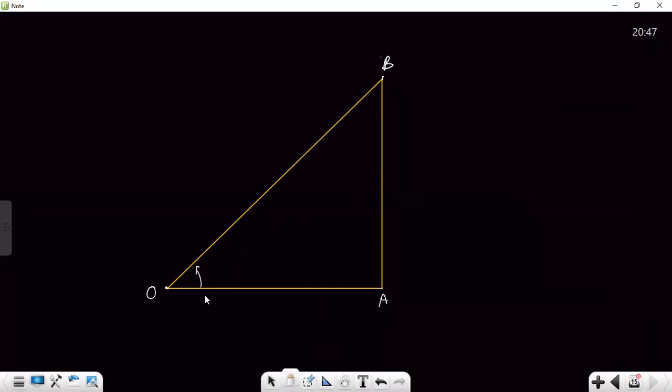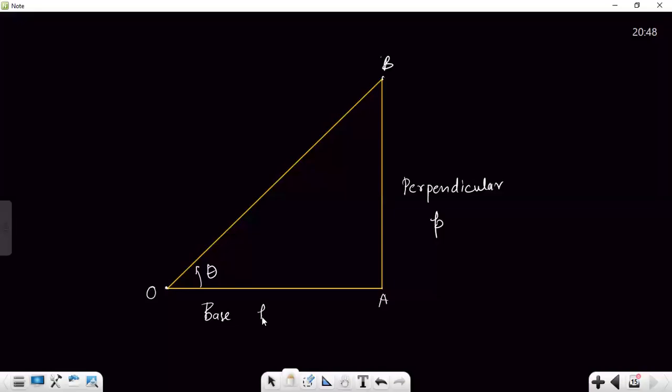So if we are going anti-clockwise, then there will be some positive angle. And we know in a right angle triangle, the side that is just opposite to the angle is known as the perpendicular. So here AB is the perpendicular. Or should I represent it with P only? And the side adjacent to the angle is known as the base.